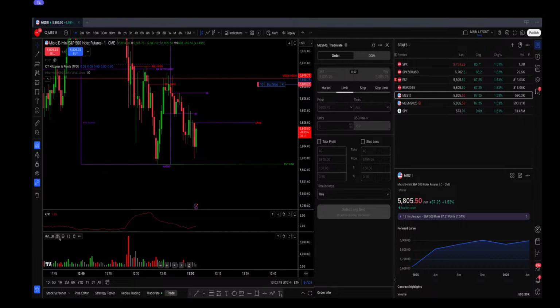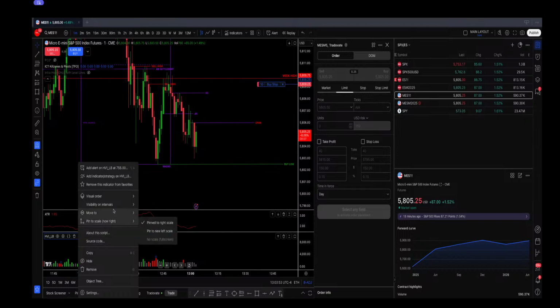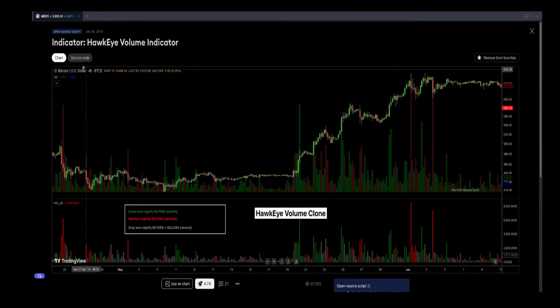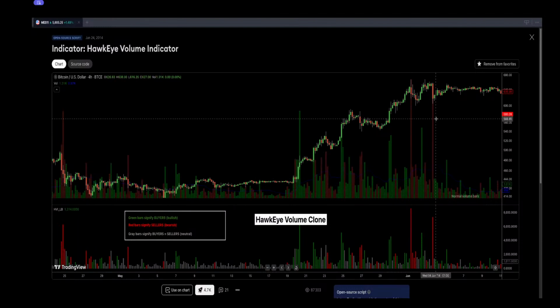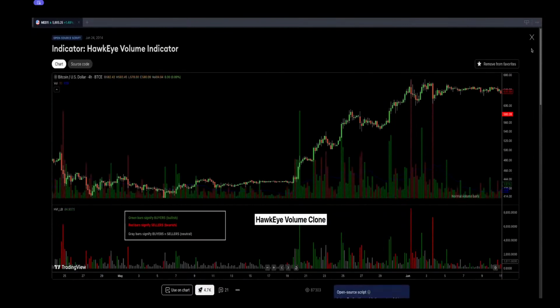This is the Hawkeye indicator. It's essentially a volume indicator that marks if something is more of a buyer or a seller. So that's something that I am sold on using now.